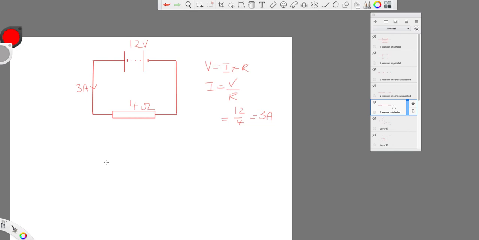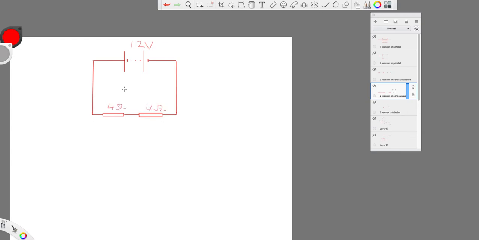What would happen if rather than having 12 and 4, we had 12 volts and two 4s? Well, now, of course, all of this behaves like it's 8 ohms.